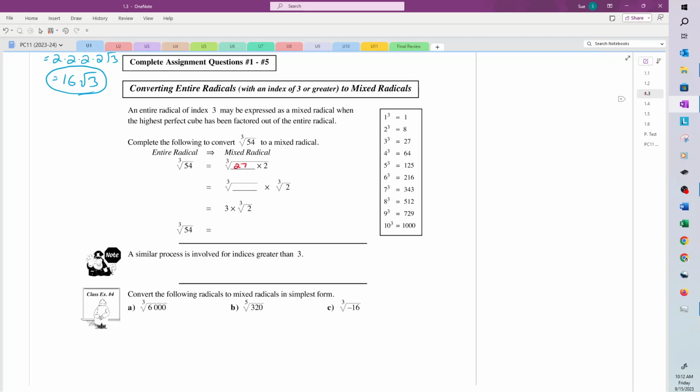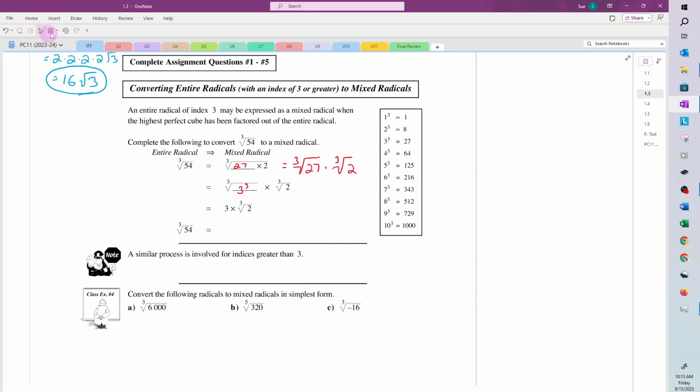Now, you could do an intermediate step here of the cube root of 27 times the cube root of 2. But what's useful is to write this as the cube root of 3 cubed times the cube root of 2, because then this cube root of 3 cubed becomes 3.